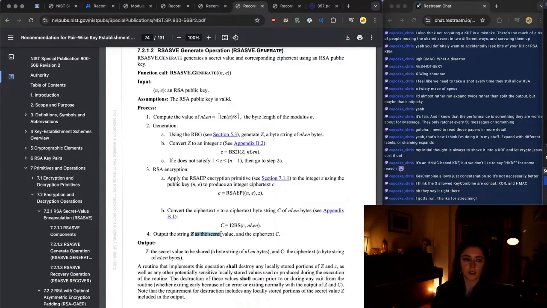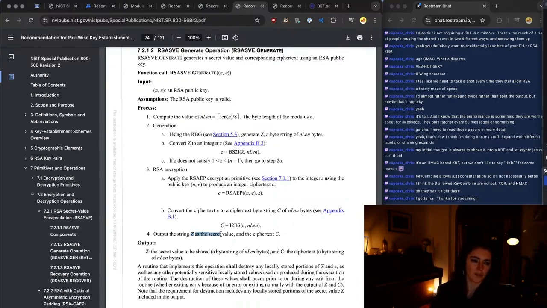I mean, if you vary the Z, you may vary the ciphertext, but not deterministically. You will not always vary the ciphertext, I think.